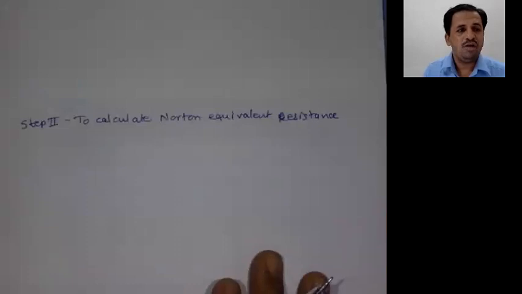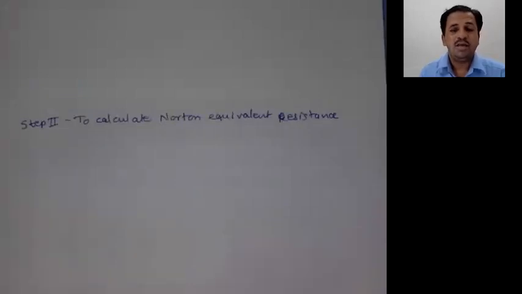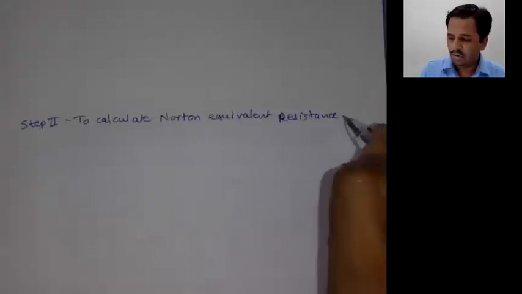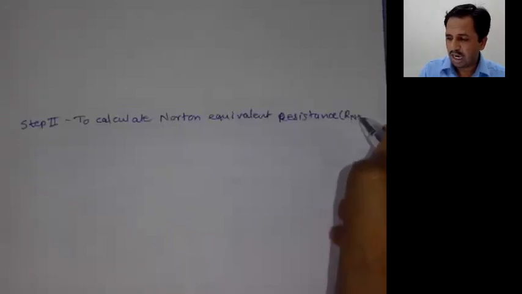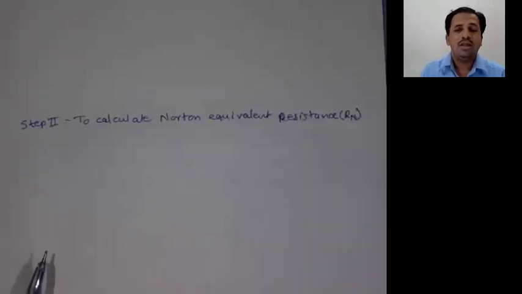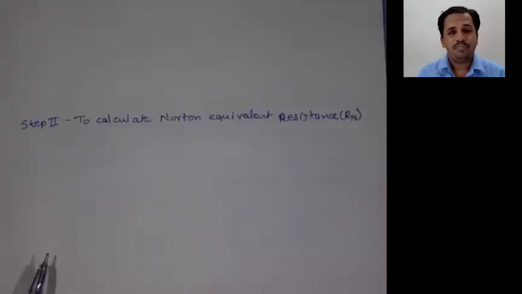Now what is that Norton equivalent resistance? It is similar to the resistance obtained in the case of the Thevenin theorem. Means the Thevenin equivalent resistance is exactly the same as the Norton equivalent resistance. Whether it is Rn or Rth, in both cases the value is the same.